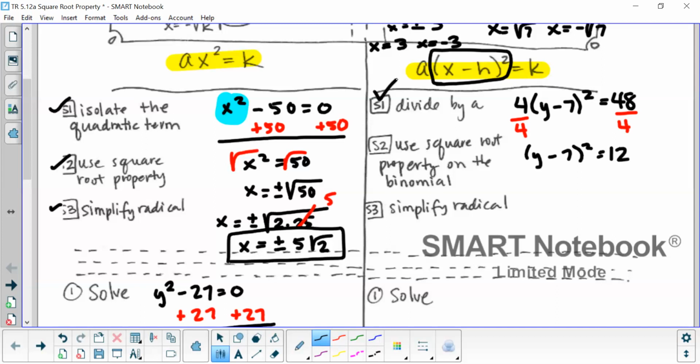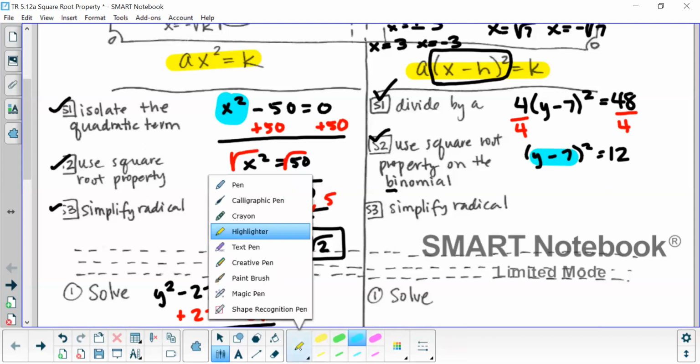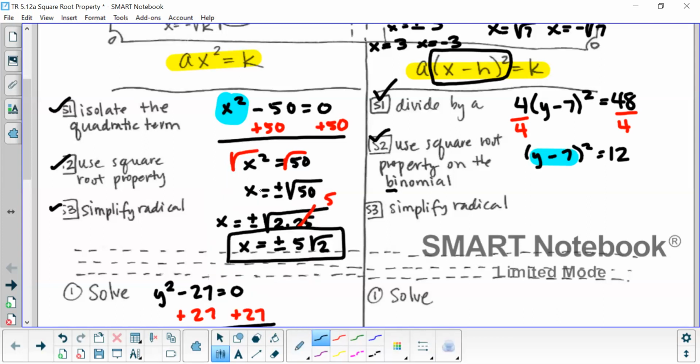So that's step 1. Step 2 says use square root property on the binomial. The two-term binomial that we're talking about is right here inside the parentheses, the y minus 7. The y is one term and the negative 7 is the second term. So when I say use the square root property on the binomial, I'm talking about what I highlighted.